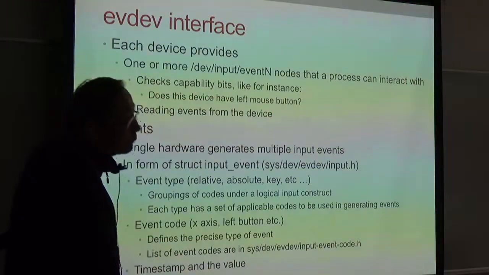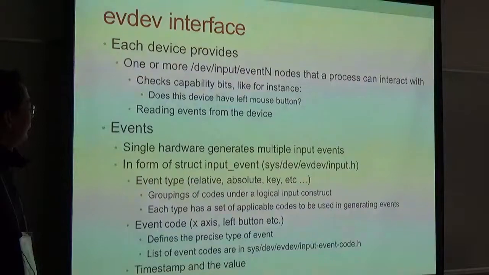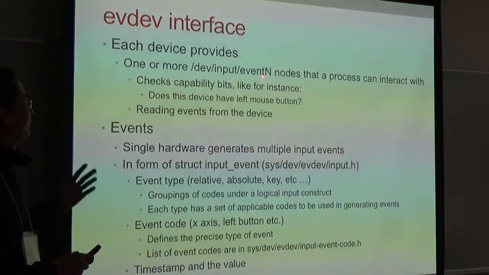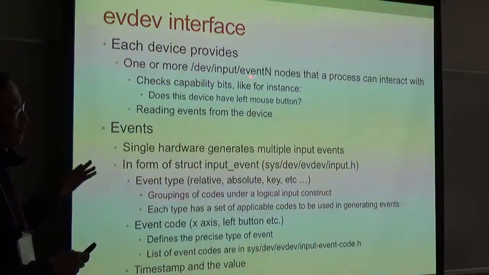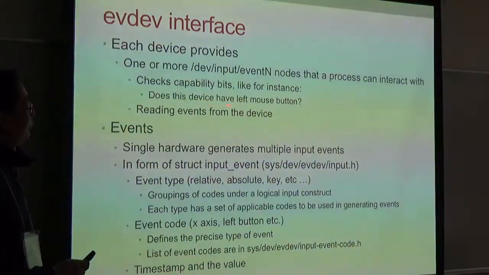I have a question. What is the meaning of the N in /dev/input/eventN? This one? That's just a number, like 0, 1, 2, 3, or 4. No, I mean the N, the target. Is it the number of devices, like keyboard, mouse, or something like that?